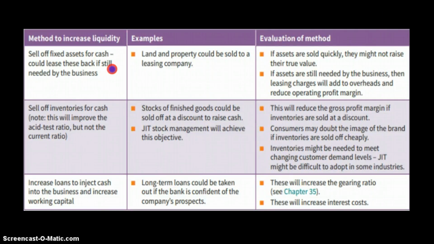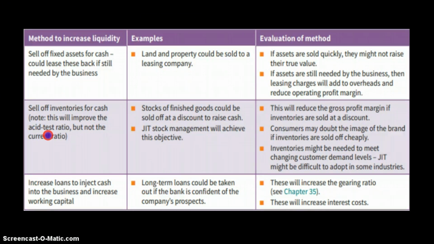What other thing could the business do? They can sell off their inventories for cash. This will improve the acid test ratio, but not the current ratio. Why is that? Because selling inventories for cash will mean that you have more cash in hand, and in the acid test ratio, we don't look at the inventories.